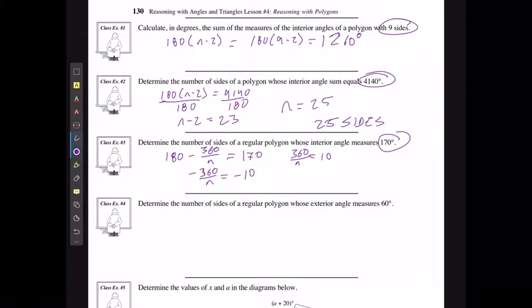Now I'm going to multiply both sides by n and say 360 is equal to 10n, and divide both sides by 10, and 36 is equal to n, which means it has 36 sides. So if each interior angle is 170, it's a 36-sided shape.